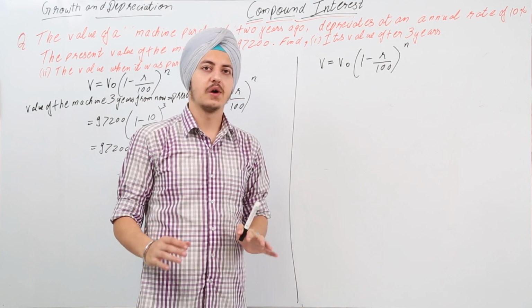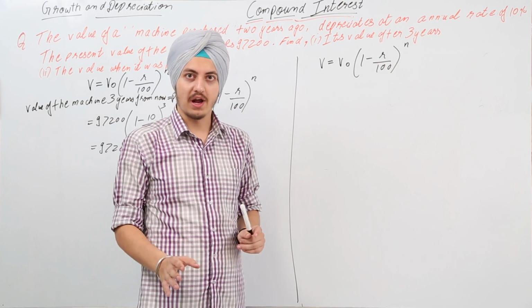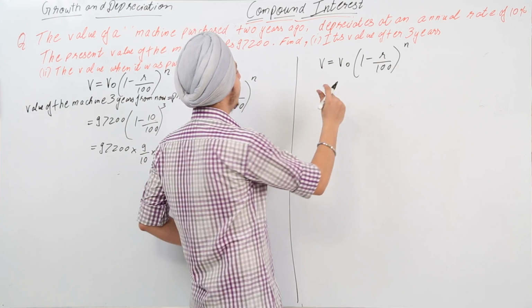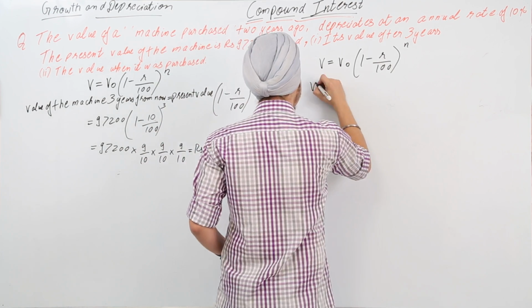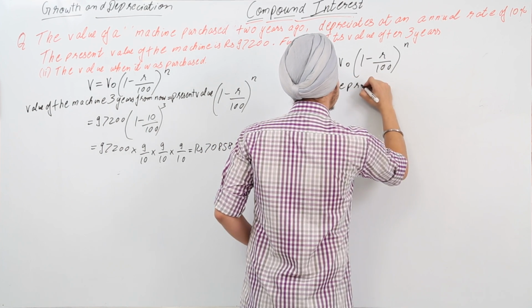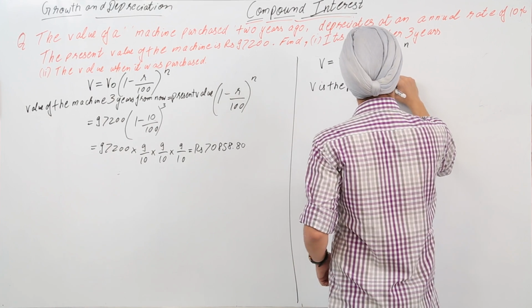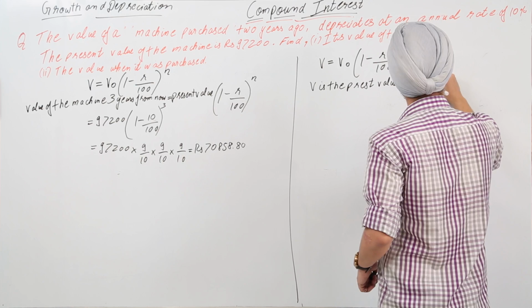We have to find out the value of the machine 2 years ago. Am I right? Yes. So V is the present value of the machine.